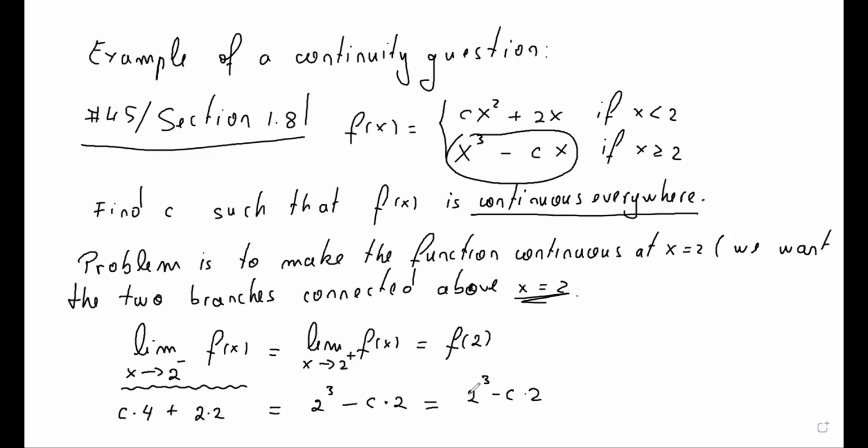I'm just gonna keep this one here, and the equation will be 4c plus 4 equals, and from here we get 8 minus 2c. So we move a c around. So 6c is equal to 8 minus 4. That would be 4.